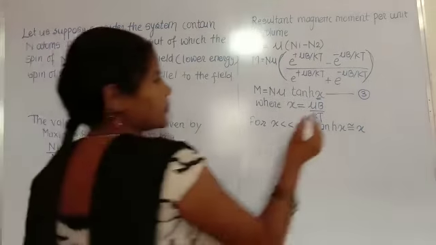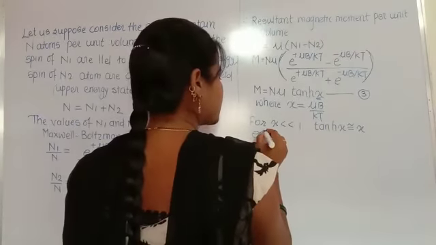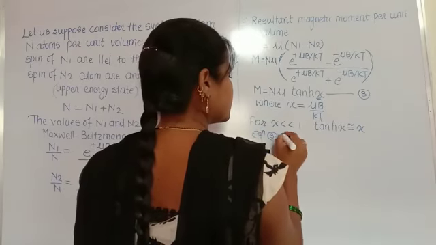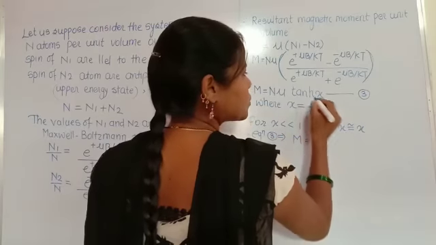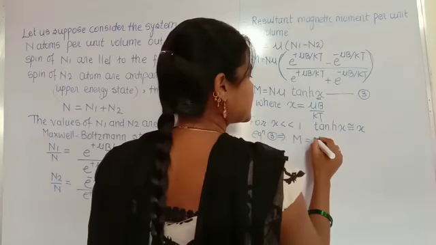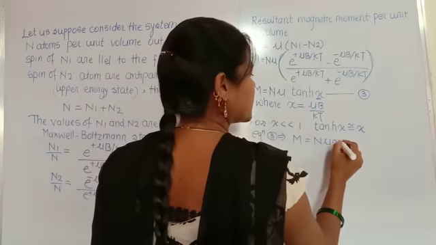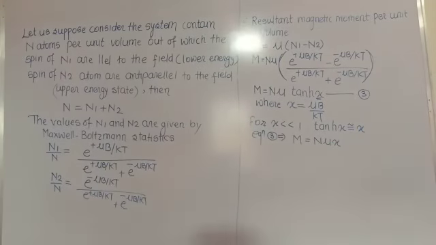So therefore equation 3 implies M is equal to n mu times tanh x, and since tanh x has the value x, we write M equal to n mu x. Because tanh x for x less than 1 becomes x.